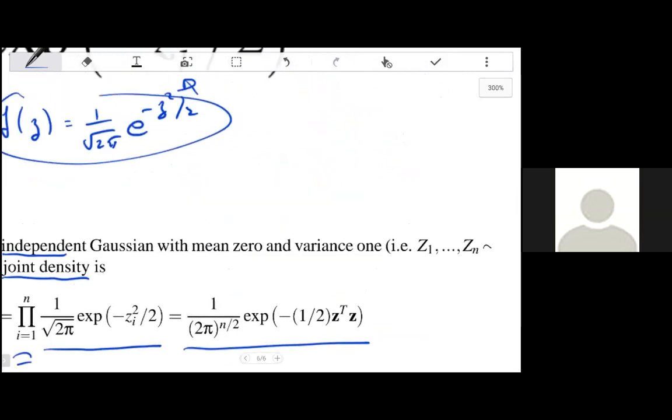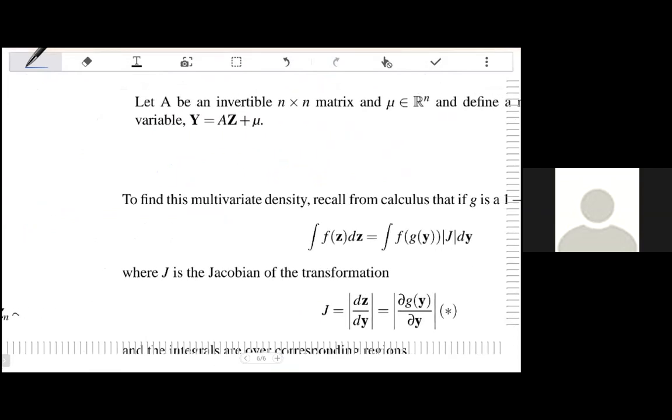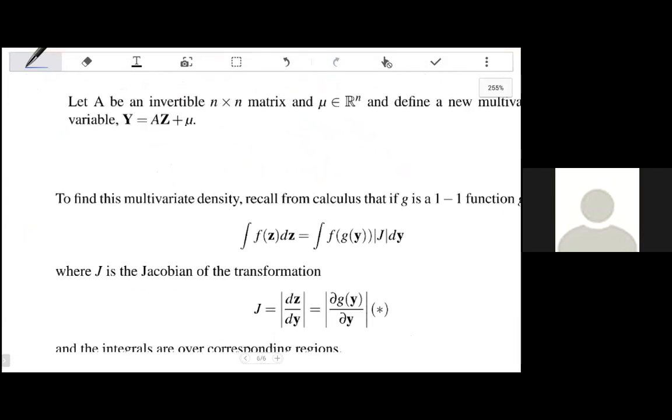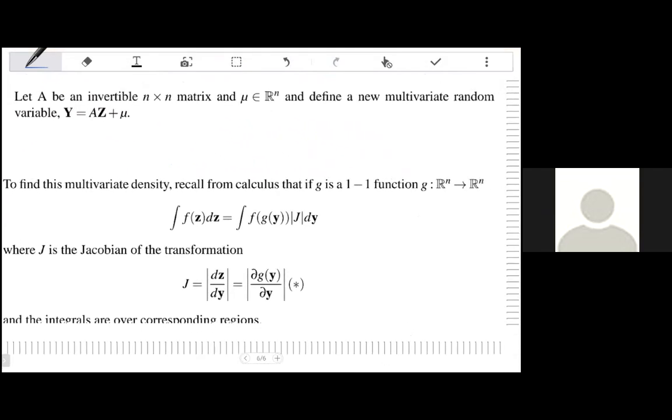And now what we're going to do is look at linear combinations. So suppose we have an n by n matrix A, and a mu in Rn, and we define a new random variable y to be A Z plus the mean mu. Then, of course, you'll remember that the expected value of y is equal to the expected value of AZ plus mu.